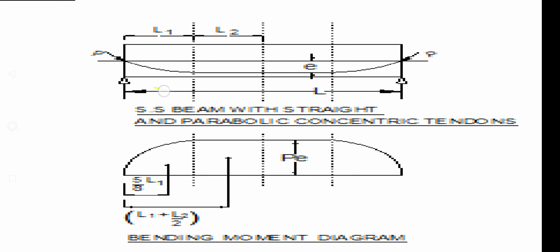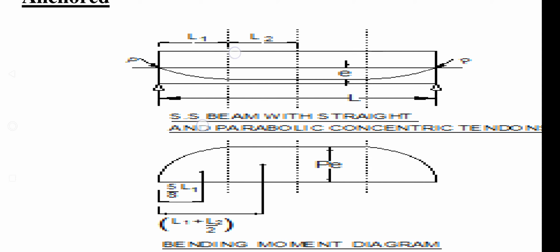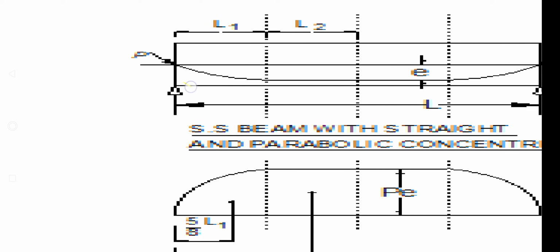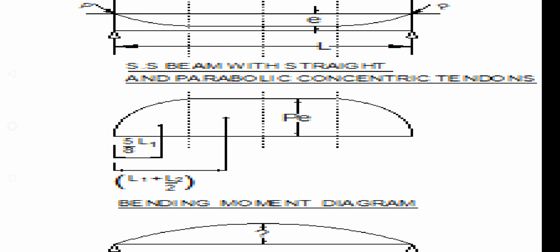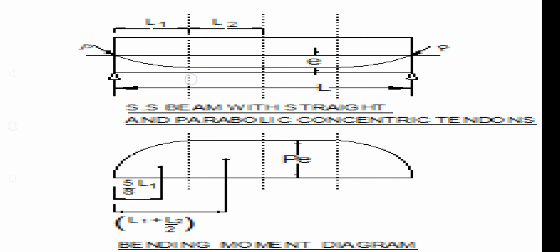So here if you see from here to here the cable is parabolic at L1, and the cable is linear from L1 to this point.